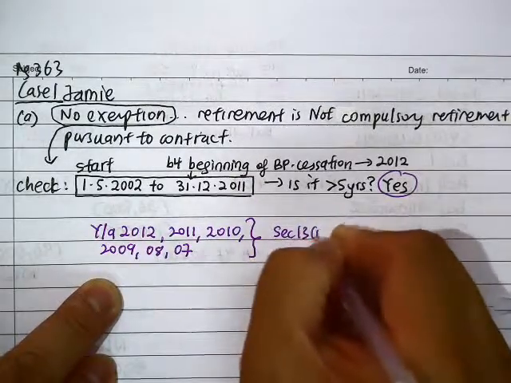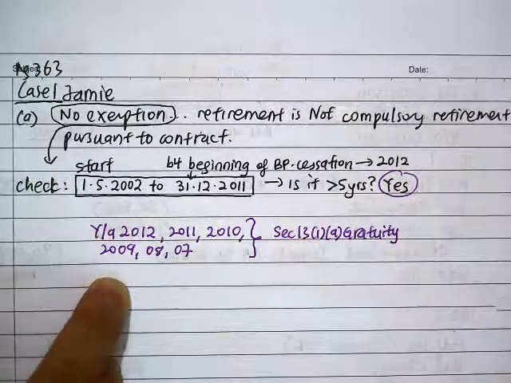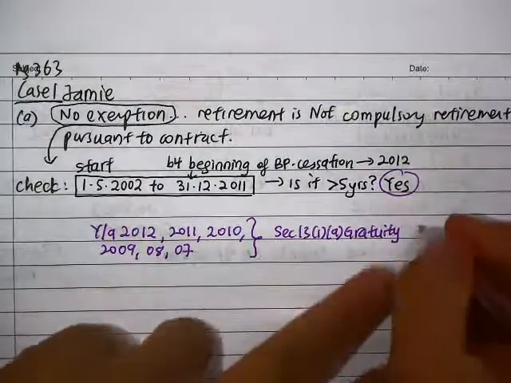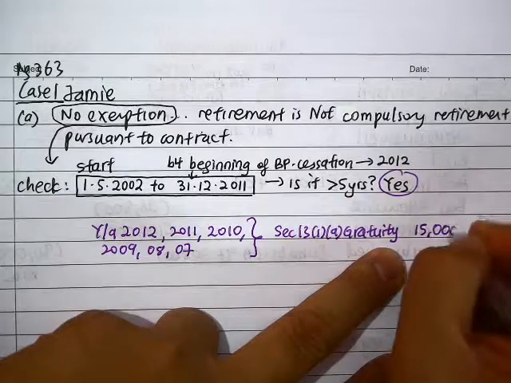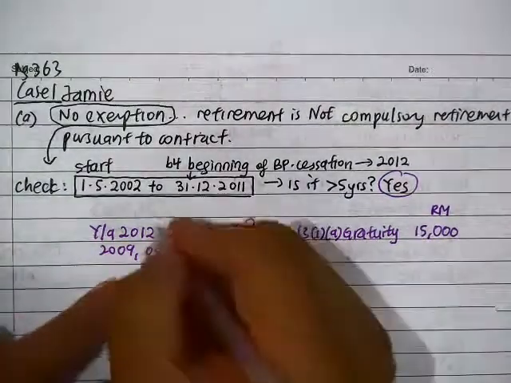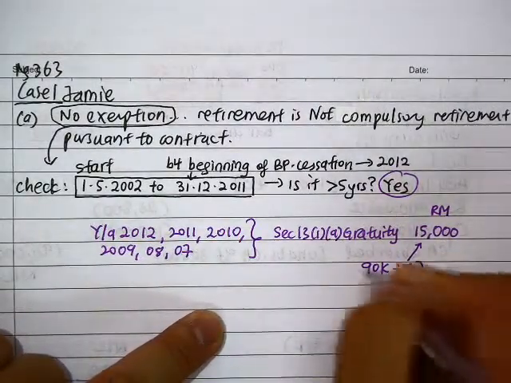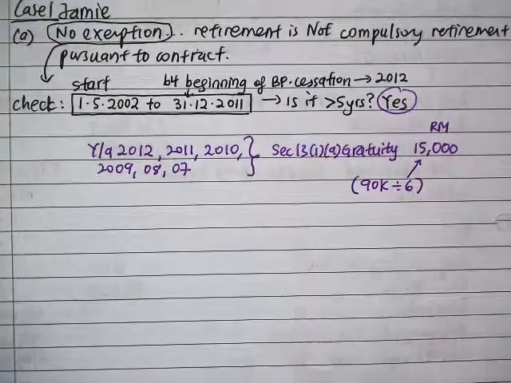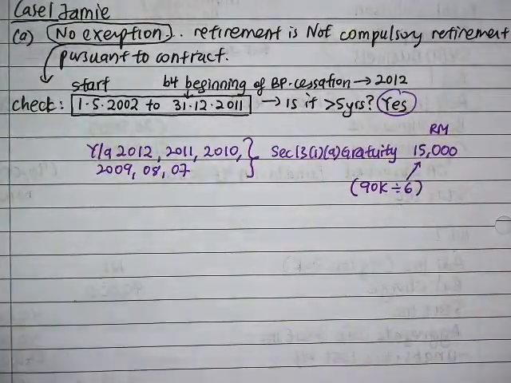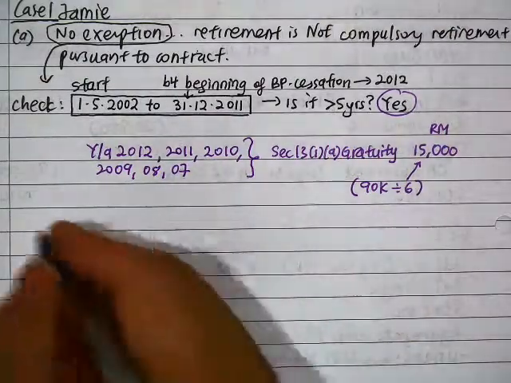You're going to see section 131A: gratuity $15,000, which is $90,000 divided by 6. So revised assessment is necessary in this case. You must go back and revise the prior years. So this is the case in A.